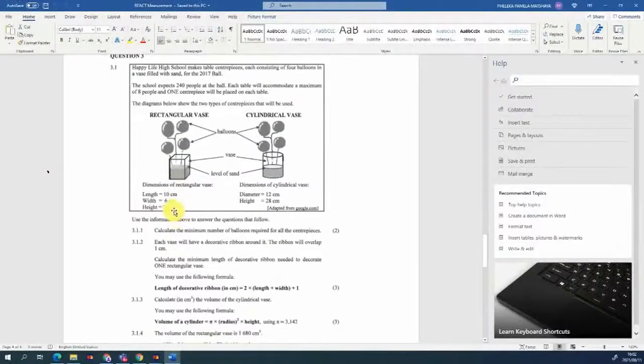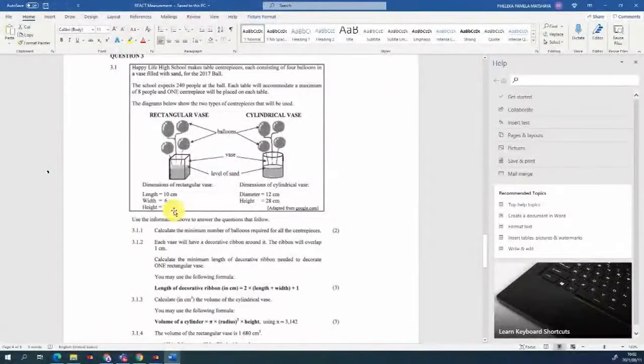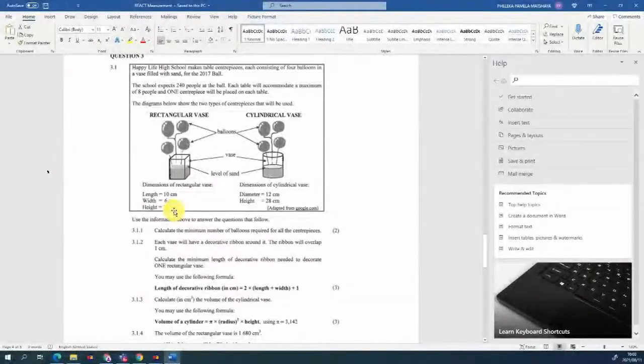Happy Life High School makes table centerpieces. Normally when you go to weddings or parties, in the middle there's a bowl of flowers or something standing in the middle of the table. That is called the centerpiece. Each consists of 4 balloons. So here is a centerpiece and there are 4 balloons. They say there are 200 and they expect 240 people at the ball.